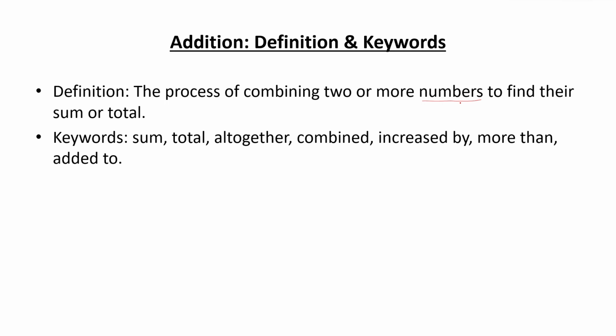And keywords for addition are sum, total, altogether, combined, increased by, more than, or added to. How you are going to use these keywords, we will see while solving some problems. So for the time being, let me tell you what is addition.